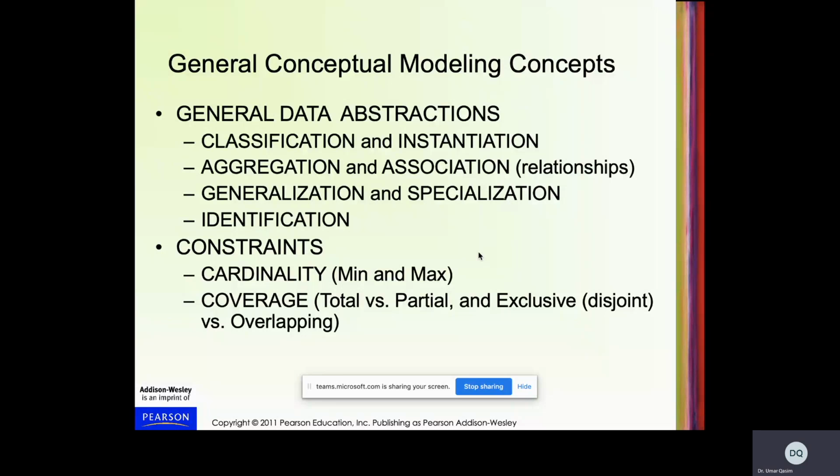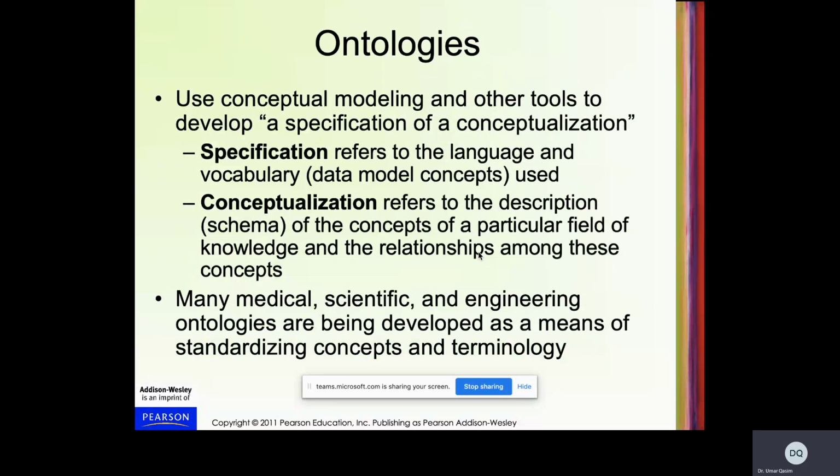And in terms of constraints, we have cardinality, minimum and maximum, and coverage, total versus partial, exclusive versus overlapping. So all these concepts you have now studied in modeling concepts. There is another concept of ontologies.